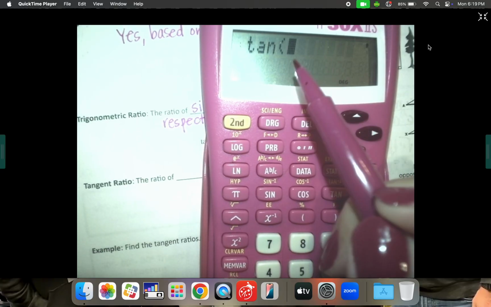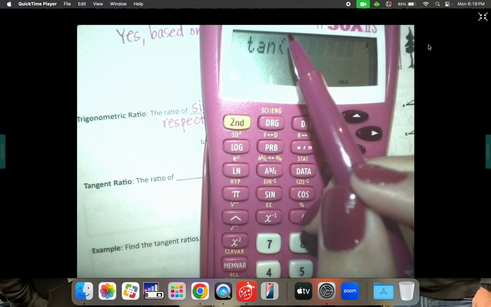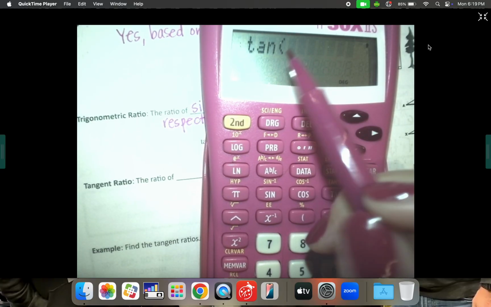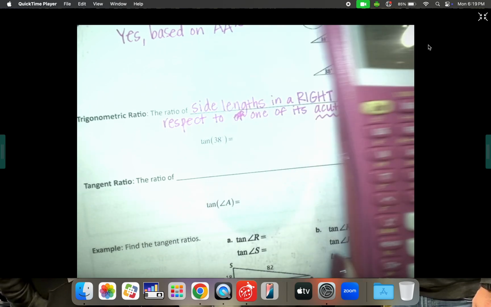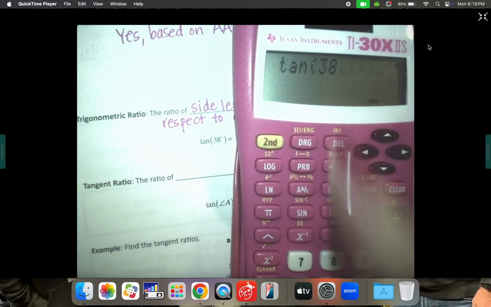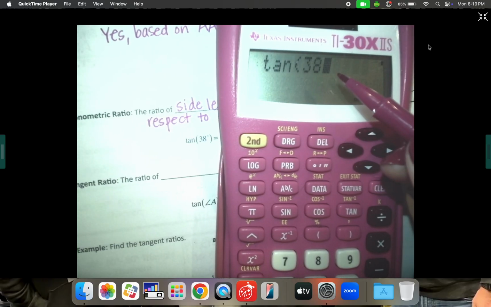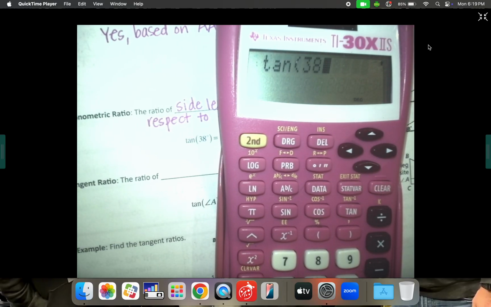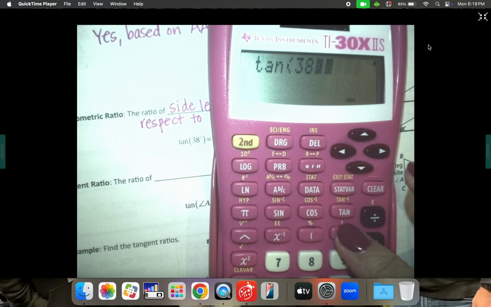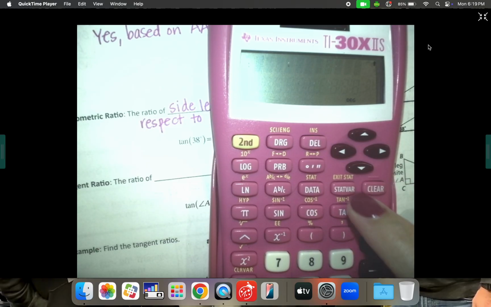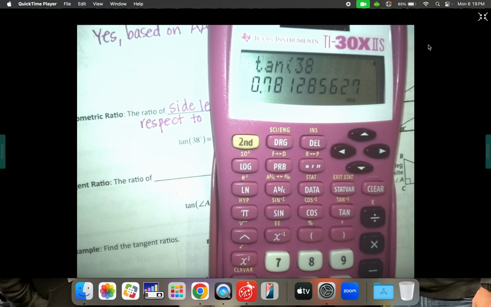Mine automatically, when you push tangent, opens a set of parentheses. So that's where I'm going to put my 38. If that's the only thing you put, you don't have to close the parentheses. But if you're going to put times 12 or something later, then you do have to close the parentheses. But if all you're putting is tangent and a number degree, then you don't really have to close the parentheses and you'll still get the same answer.